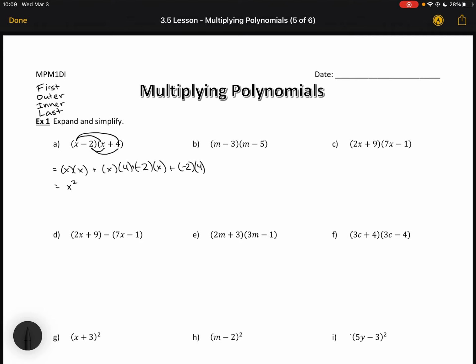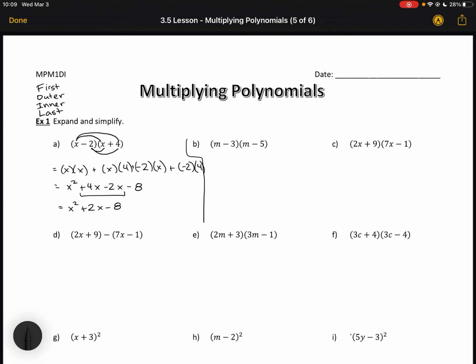So simplifying that, we get x squared plus 4x minus 2x minus 8. I notice that my two terms in the middle are like terms, and I can combine those together to give me x squared plus 2x minus 8.